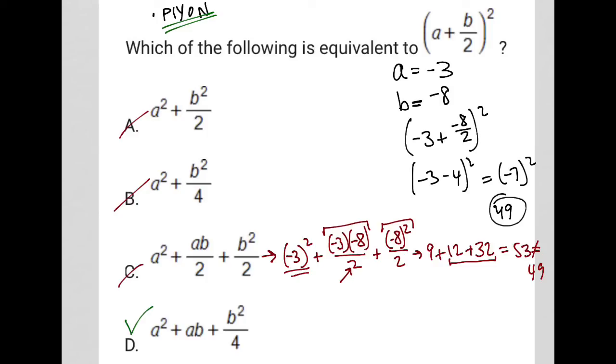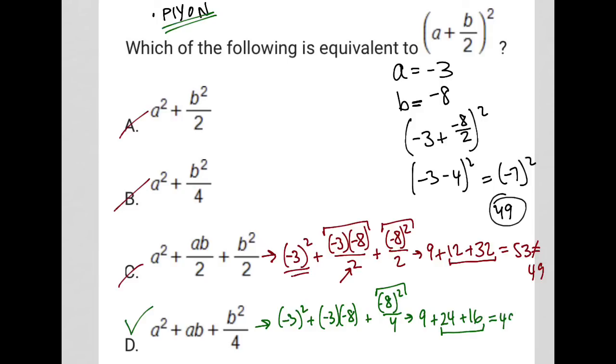And then we just try choice D. So again, a squared, I'd have (-3) squared plus a times b, -3 times -8, and plus b squared over 4, so (-8) squared over 4, which is going to be 9 plus 24. (-8) squared is 64, divided by 4 is 16, so 9 plus 24 plus 16, and 24 plus 16 is 40, plus 9 is 49, so that works. So that gets us to choice D.